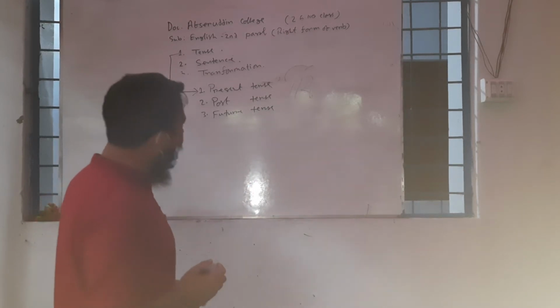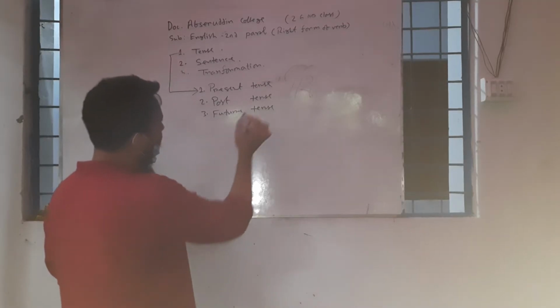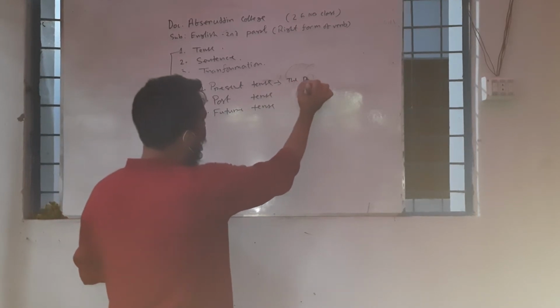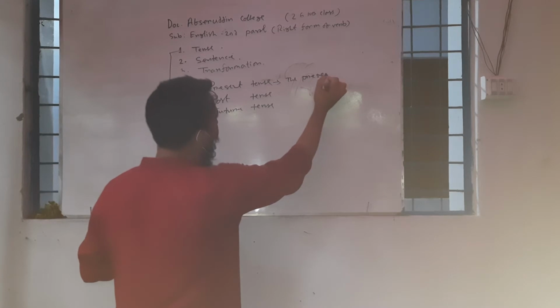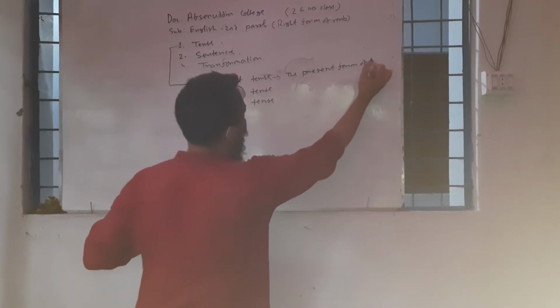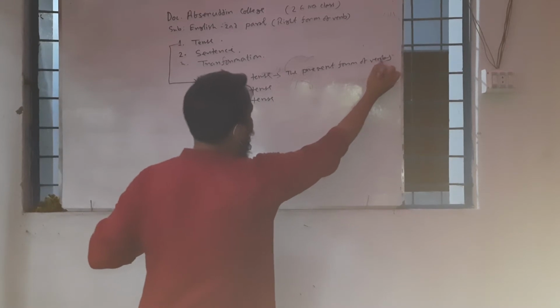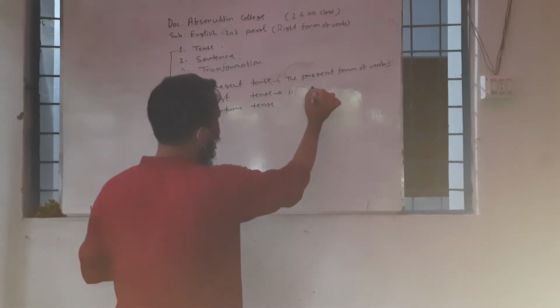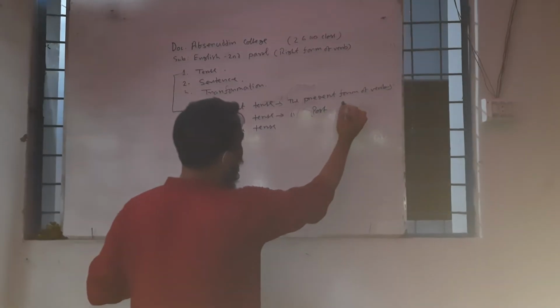What is present tense? In brief, you can say present tense means the present form of verb. What is past tense? You can say in short, past tense means the past form of verbs.